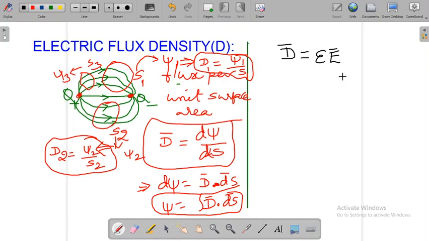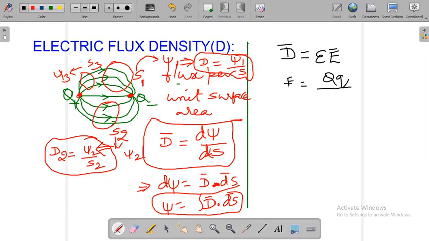We know that from Coulomb's law, F equals Q q by 4 pi epsilon r square, where one is capital Q and another one is small q.